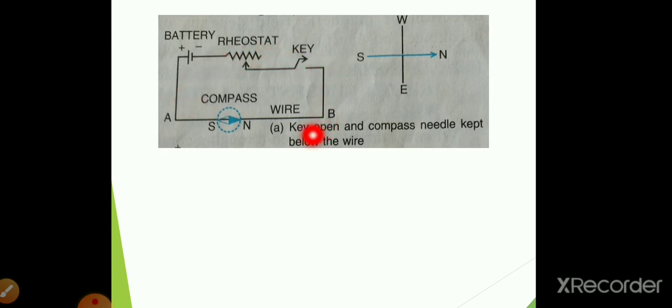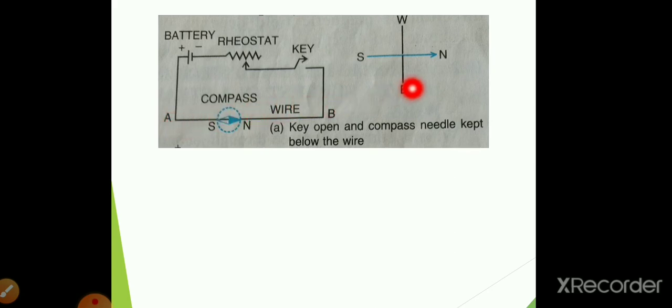The first observation he made was when the key is open. Here the key is open, that means there is no current passing through this electric circuit. So the needle points in the north-south direction, that is along the Earth's magnetic field, with the north pole of the needle pointing towards the north and the south pole towards the south.